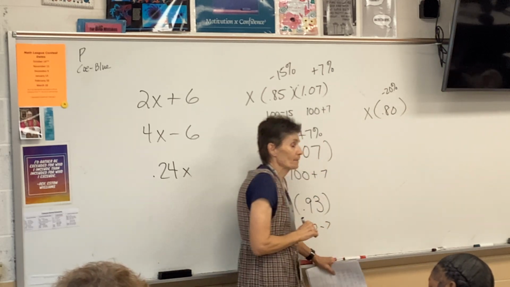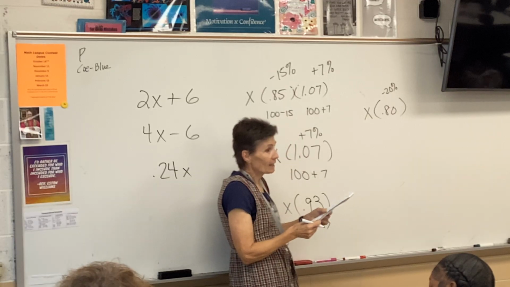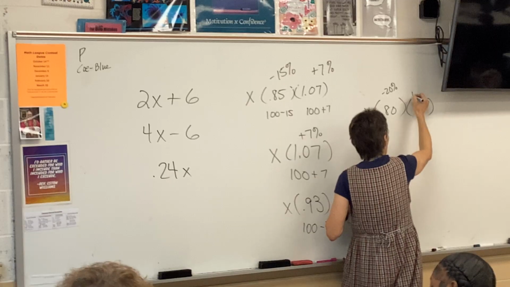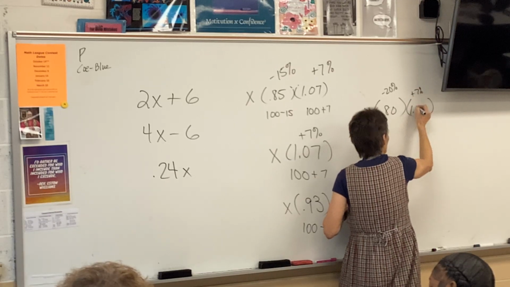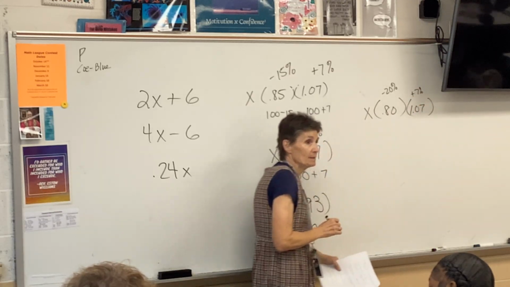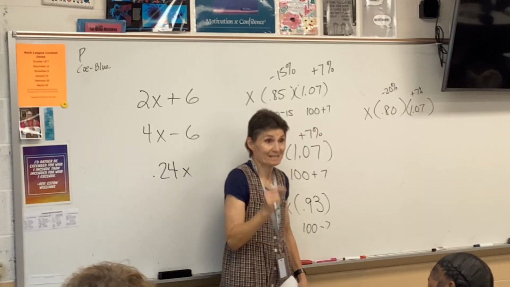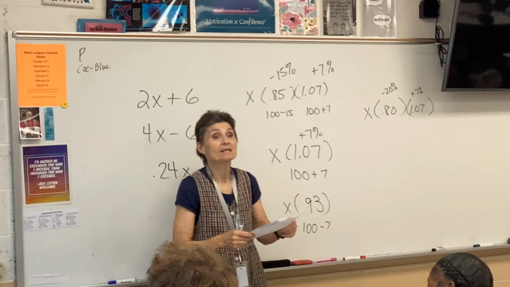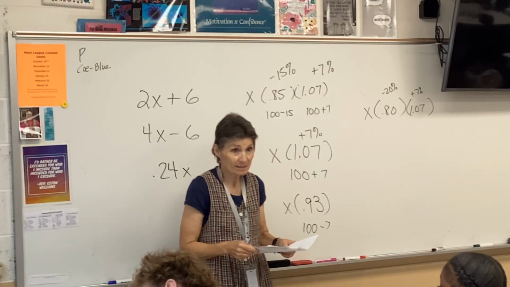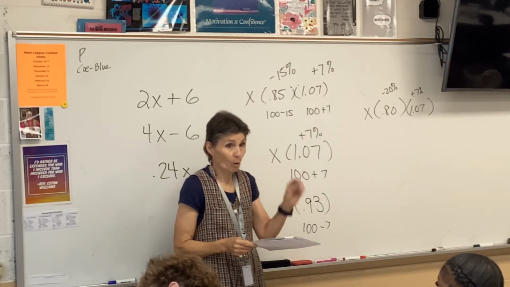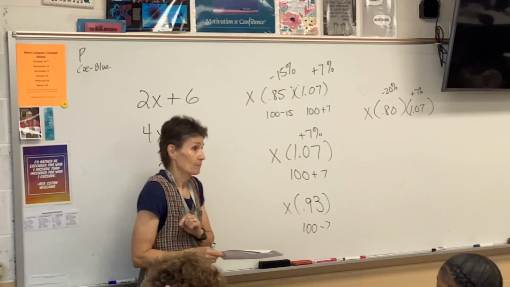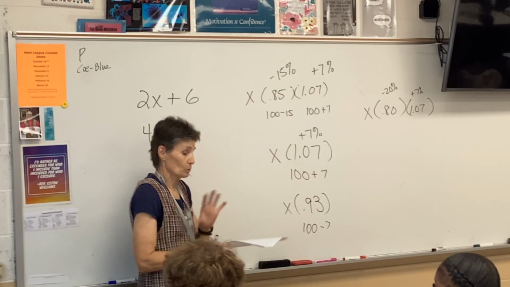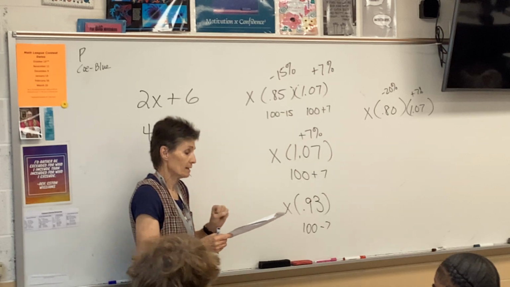But then, again, I live in Indiana, so I have to pay a 7% tax. So 1.07. Now, don't say 1.7, because 1.7 would be a 70% tax. So we need 1.07. Alright, in a minute we'll do some with real numbers, but we're just kind of getting the hang of it.